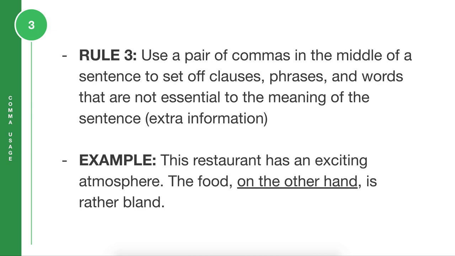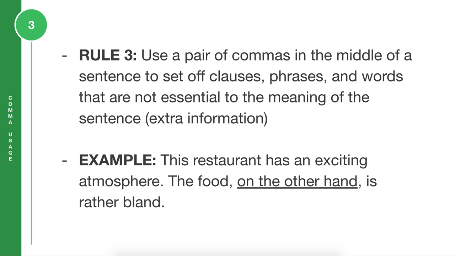Rule number 3. Whenever you have extra information that is added to the middle of a sentence, you are going to use a pair of commas to offset that extra information. So here's our example. This restaurant has an exciting atmosphere. The food, on the other hand, is rather bland. So in that second sentence, the underlined portion, on the other hand, that is extra information for our sentence.